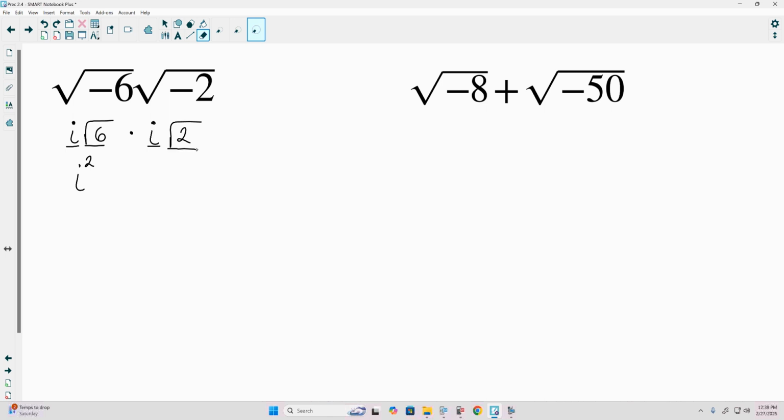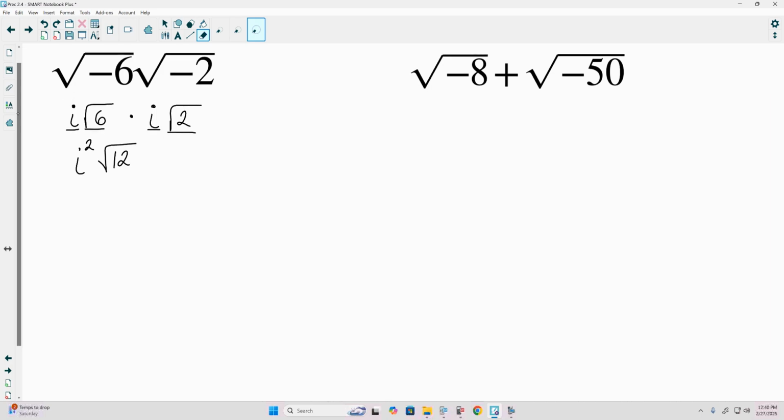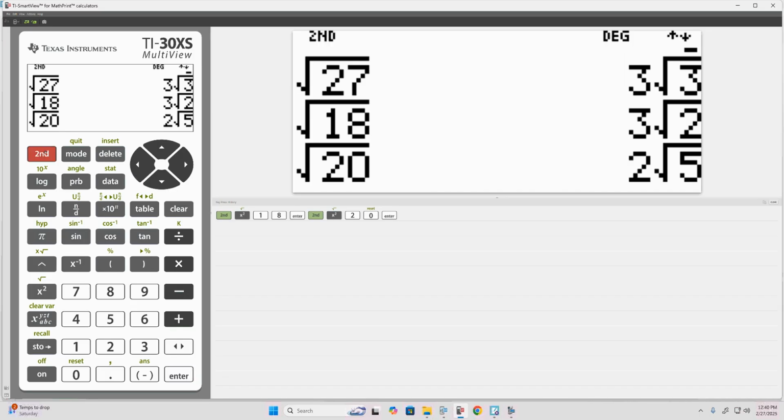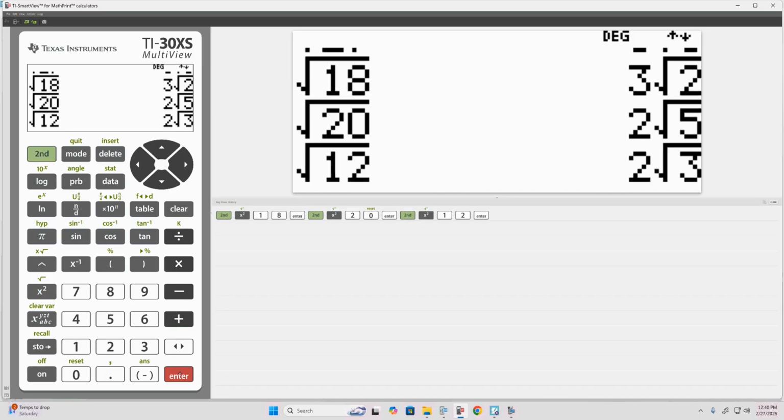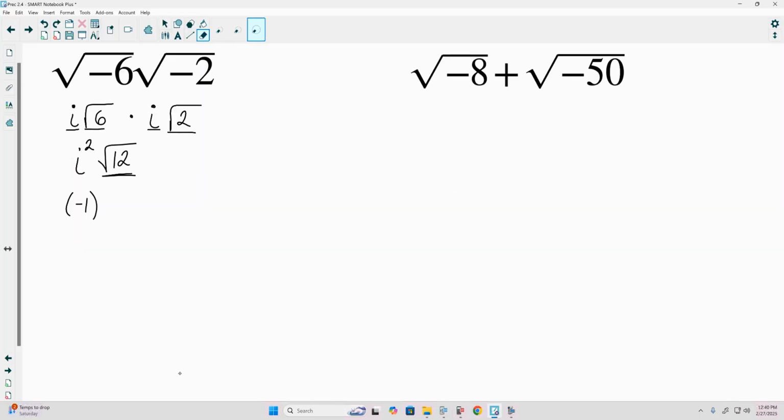The square root of 6 times the square root of 2 would give us the square root of 12. Now, as we said already, i squared is negative 1. And we do need to make sure that the square root of 12 doesn't reduce, and it does. It reduces to 2 square root of 3. And if we multiply these together, we'll get negative 2 square roots of 3.